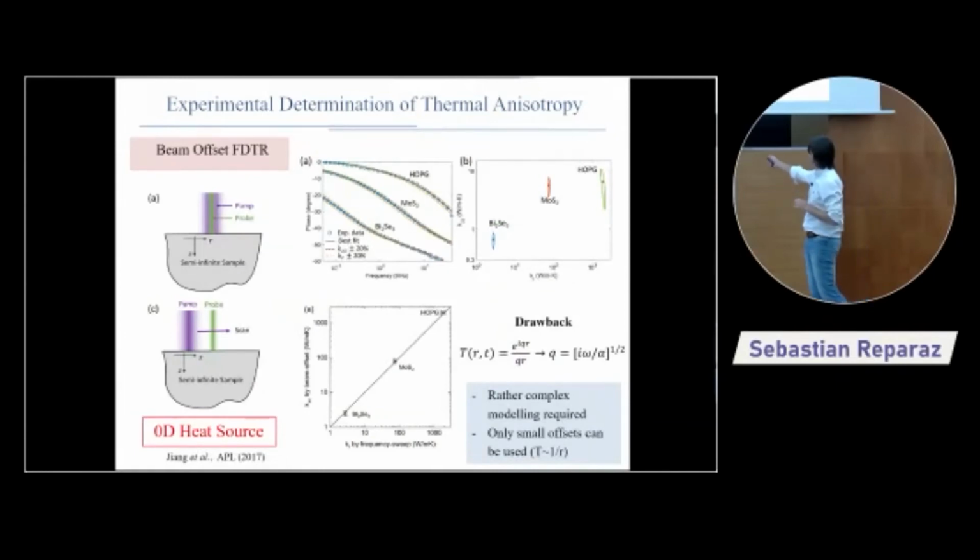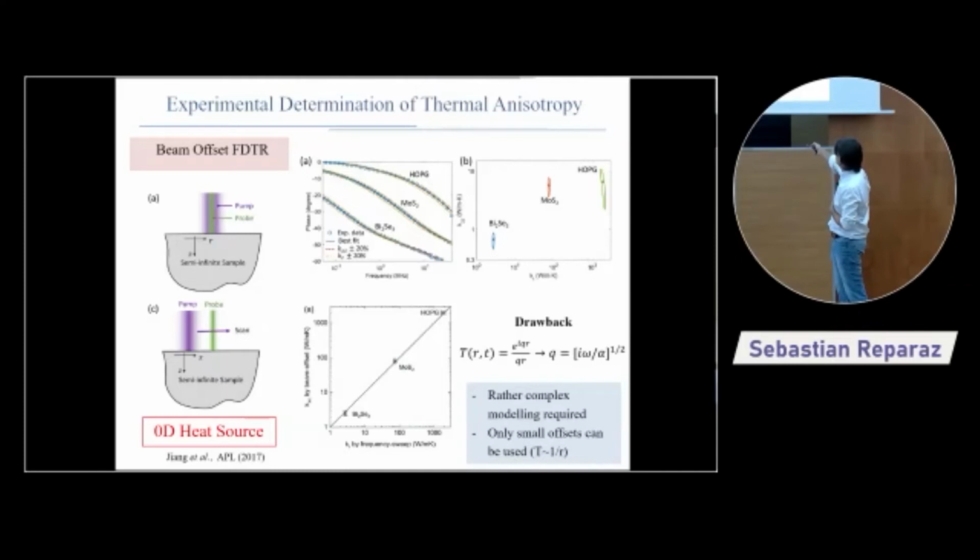In the beam offset idea, you just make a lateral scan, okay? By the lateral scan and by solving the three-dimensional diffusive heat equation, you are actually able to obtain the thermal conductivity of the sample in the lateral direction. One more time, this requires a lot of modeling, okay? And again, it's prone to some errors because you need to assume a lot of things. In any case, this works, and you have a nice example in this nice paper from MIT, I think, from a couple of years ago.